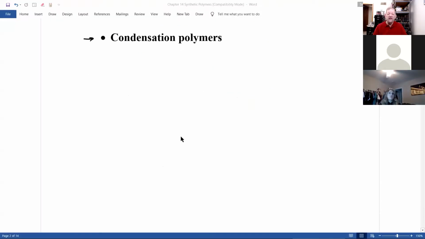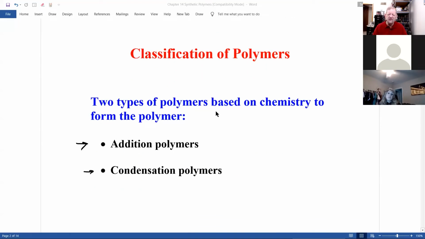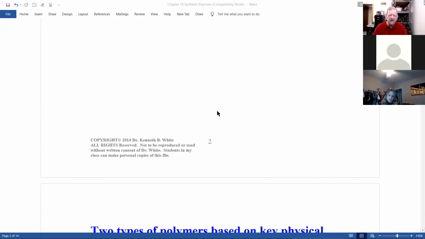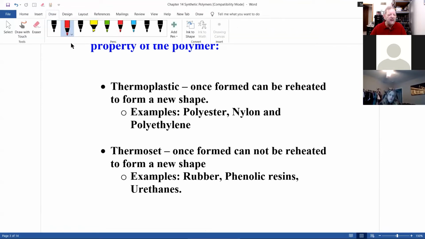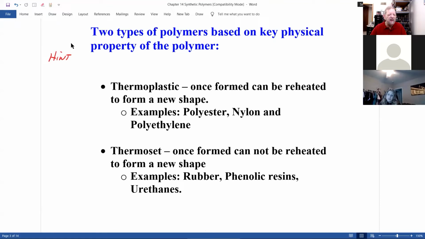All right, now, there are two ways of classifying polymers. One is by the chemistry. The other is by a key physical property. The first type is called thermoplastic.